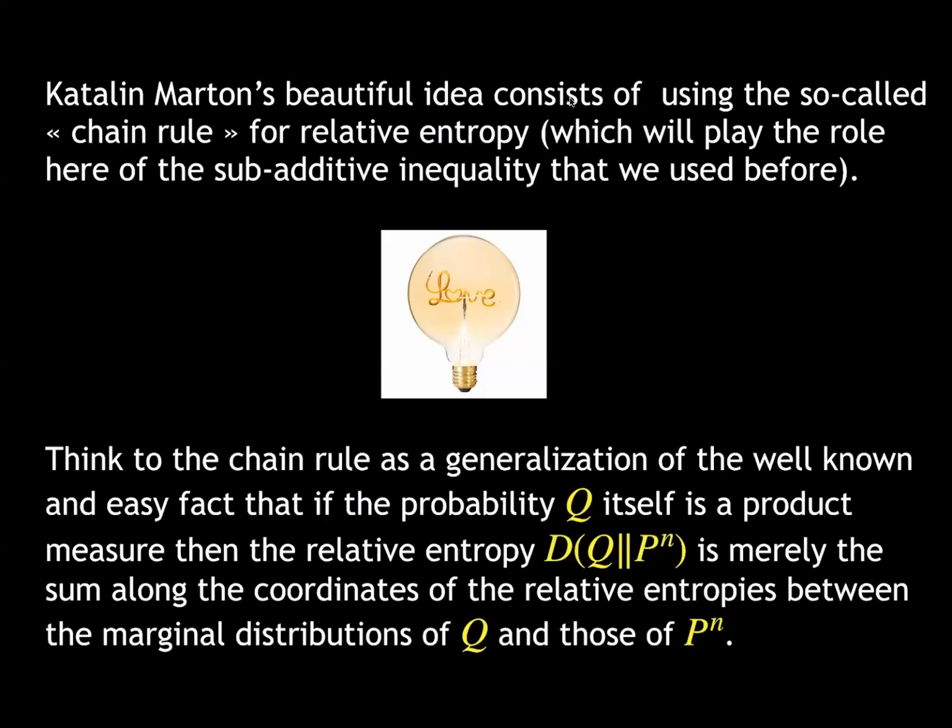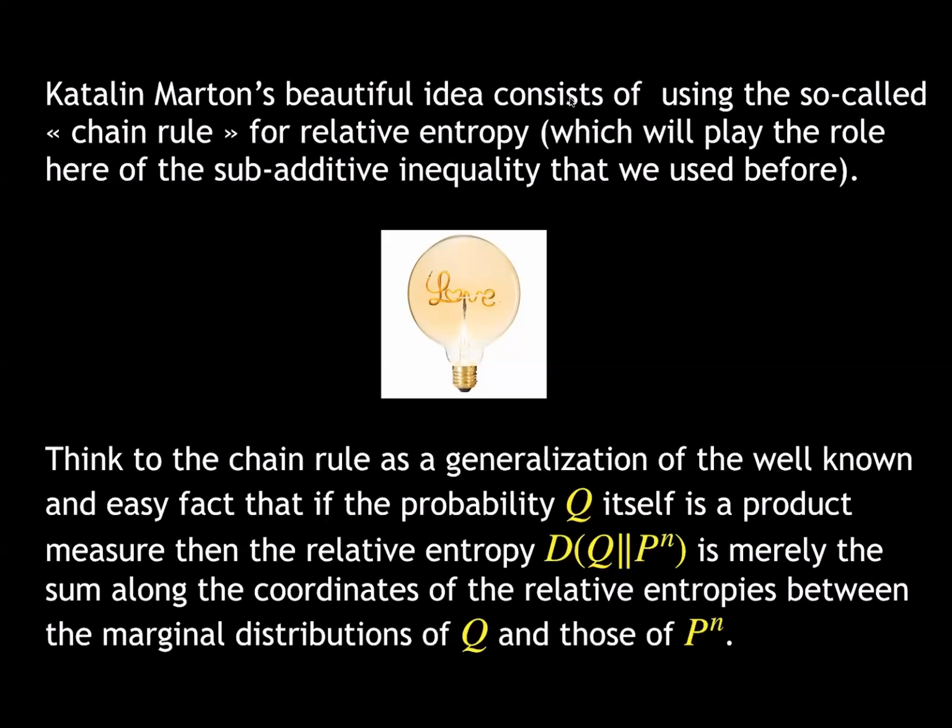This is a well-known fact. So if Q itself was a product measure, the coupling would be very easy to build. It would simply be a coupling between the marginals. We would couple the marginals in an optimal way, and everything would be okay.